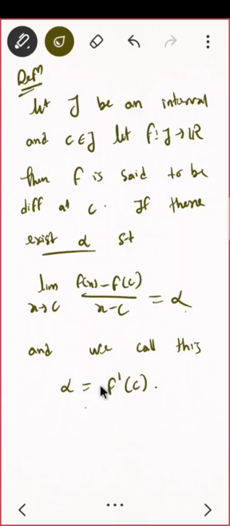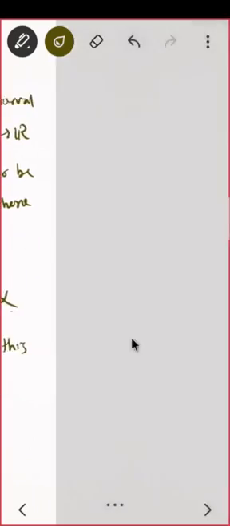Now can you write the epsilon delta definition? Right now, the limit can be anything, I don't care. I know what epsilon delta is for a limit. Do you remember? Suppose the limit as x tends to c of f of x equals L, then what was its epsilon delta definition, do you remember? Recall.